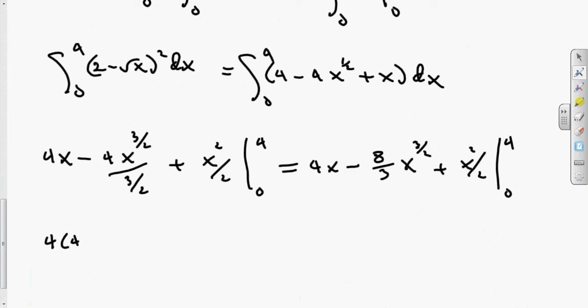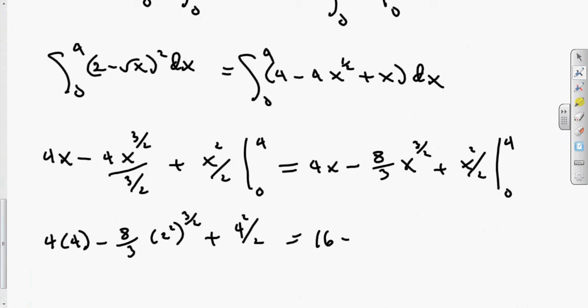So we get 4 times 4 minus 8 over 3 times 2 squared to the 3/2 power, plus 4 squared all over 2. I looked at that 4 as being 2 squared so that these 2's would cancel out.